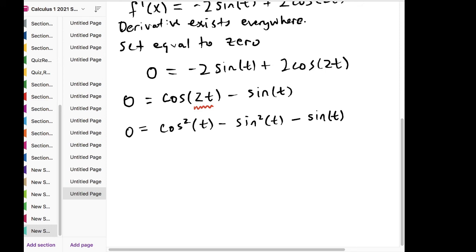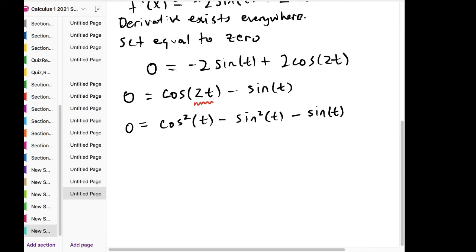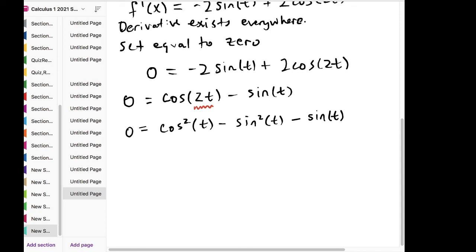What do you think you would want to do? Look at all your terms here. What do you think you would want? You probably want to have everything as like the same thing, right? You have these cosines and these sines. Don't want to deal with all that.